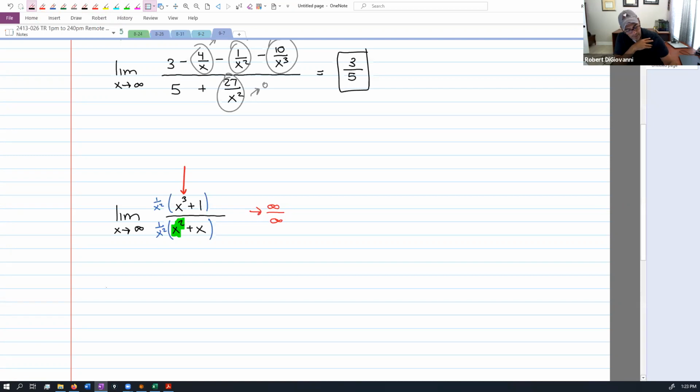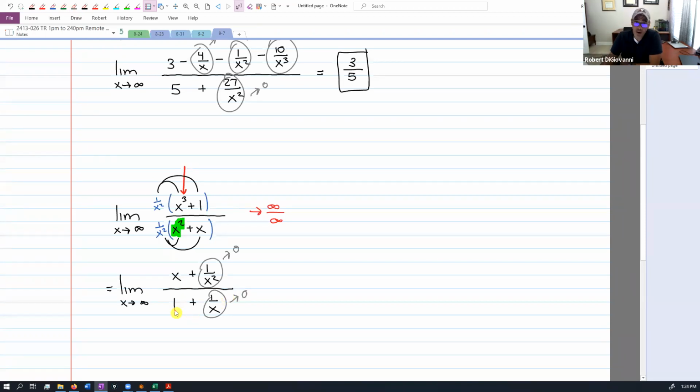So we get the limit as x goes to infinity, distribute, distribute. We should get x plus 1 over x squared over, here comes the 1 right there, and then this one gives us just 1 over x. Those are going to vanish. The bottom is headed to 1.